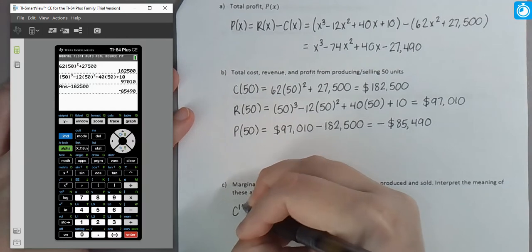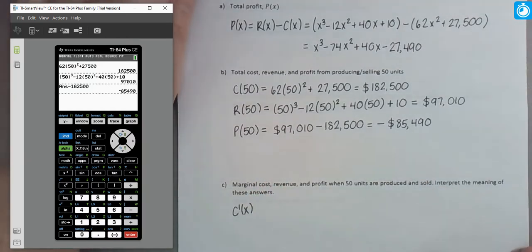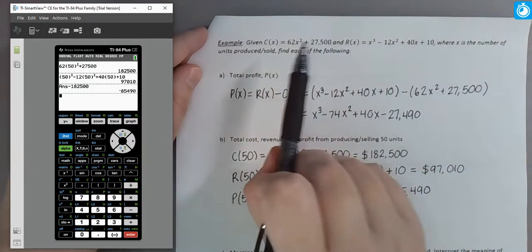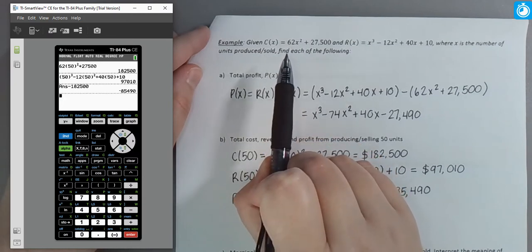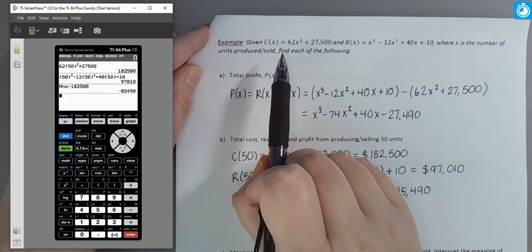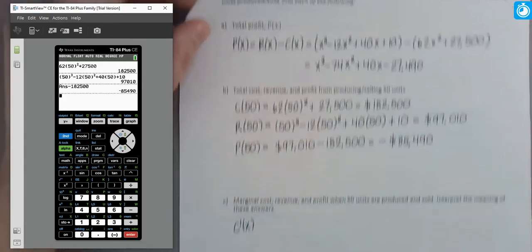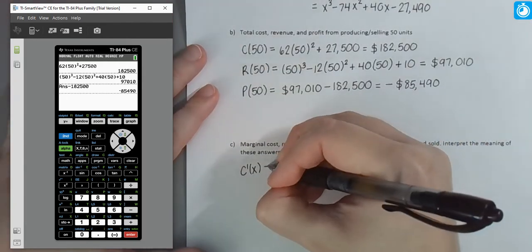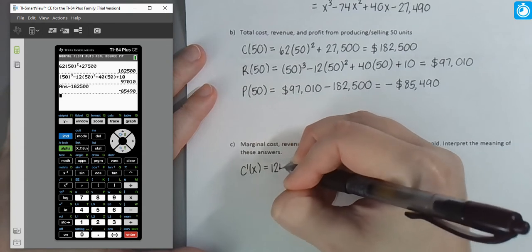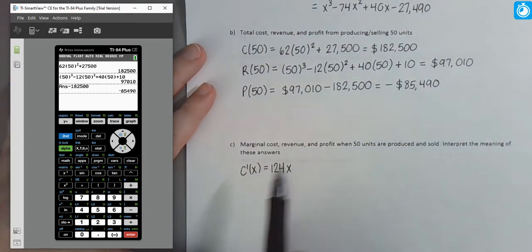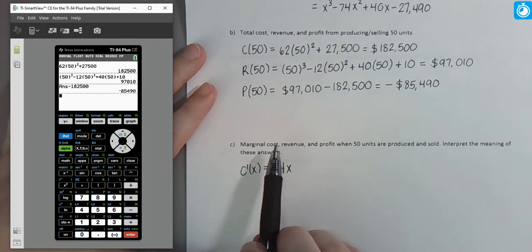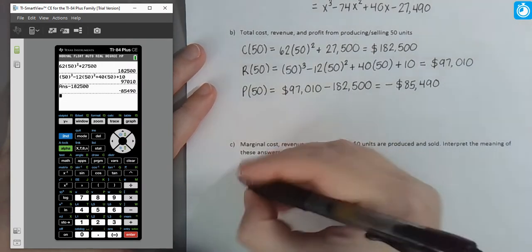So C prime of x, let's go back and look at the cost function. Okay, so we differentiate the first term, bring down the 2, so 62 times 2 will be 124, and then decrease the exponent by 1, so 124x. Okay, C prime of 50 is the marginal cost when 50 units are produced and sold.